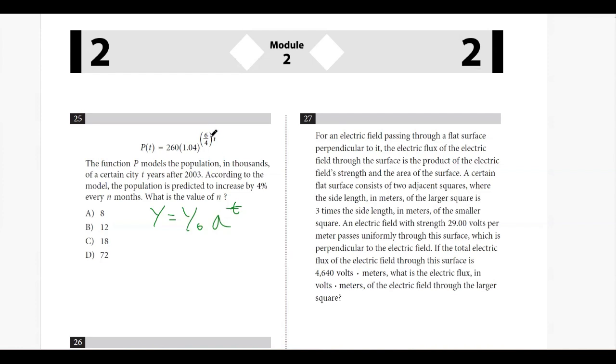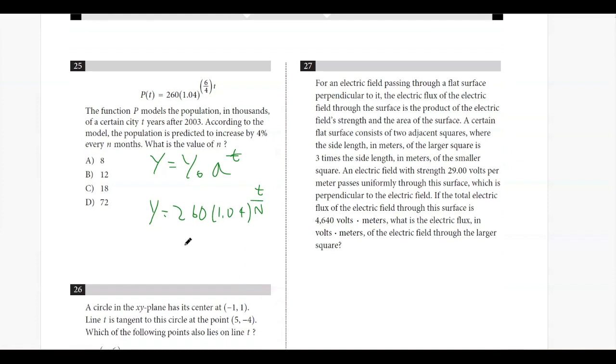So what I can do here is try rewriting as y is equal to 260 times T over n, and T over n is equal to 6 over 4 T. I'm going to cancel out the T's, and we get 1 over n is equal to 6 over 4.